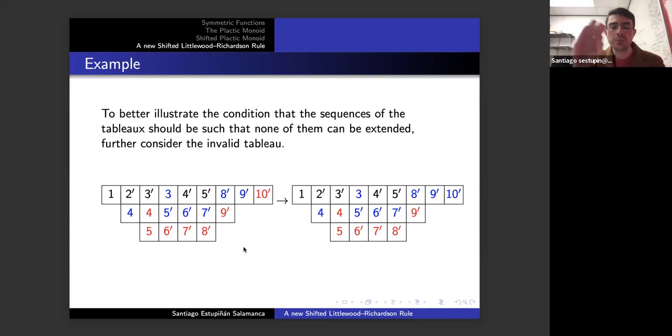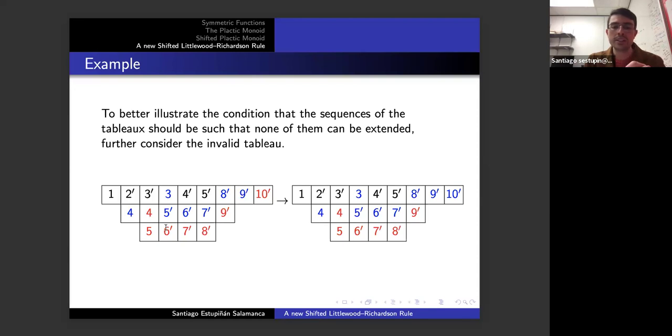Then the blue sequence is on top of the black sequence, and it also has a vertical strip and a horizontal strip in such a way that the primed elements of the later sequence are below the primed elements of the previous sequence, and the unprimed elements of the blue sequence are right of the elements of the black sequence that are unprimed. Again, for the red sequence, you follow a similar procedure. You append a vertical strip and then a horizontal strip, and the tableaux that can be obtained in this way are interlacing.